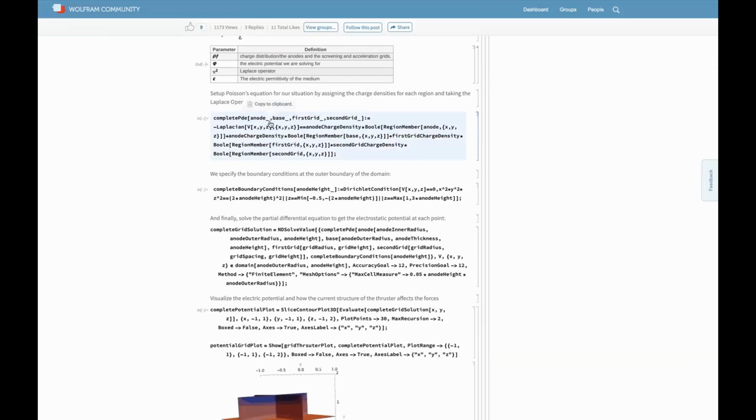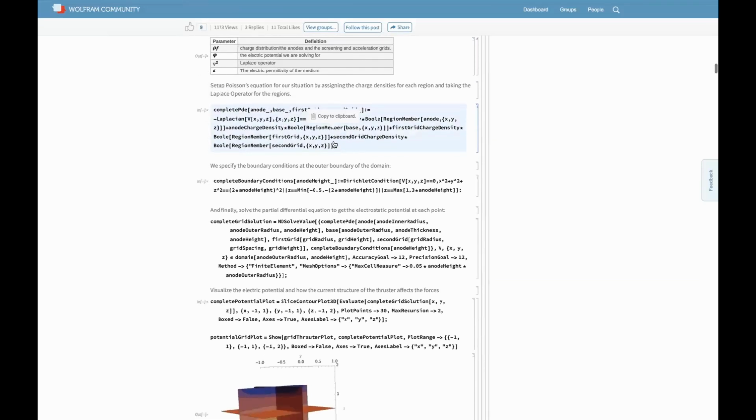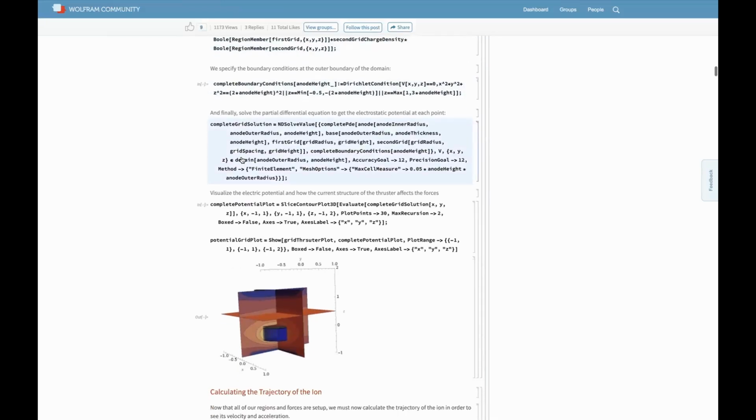And so I used the partial differential equations function to solve for the Laplacian of the thruster, and then also found the boundary conditions, and just used Wolfram's NDSolve to figure out a rough estimate of the electrostatic potential at each point.